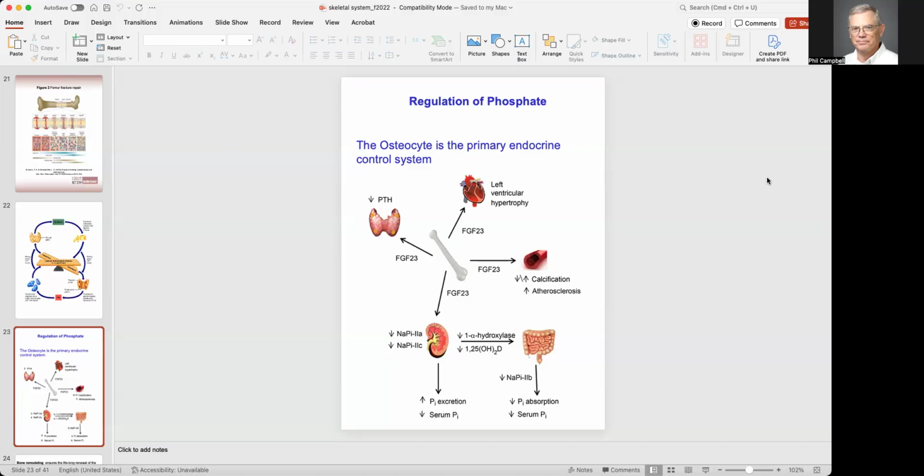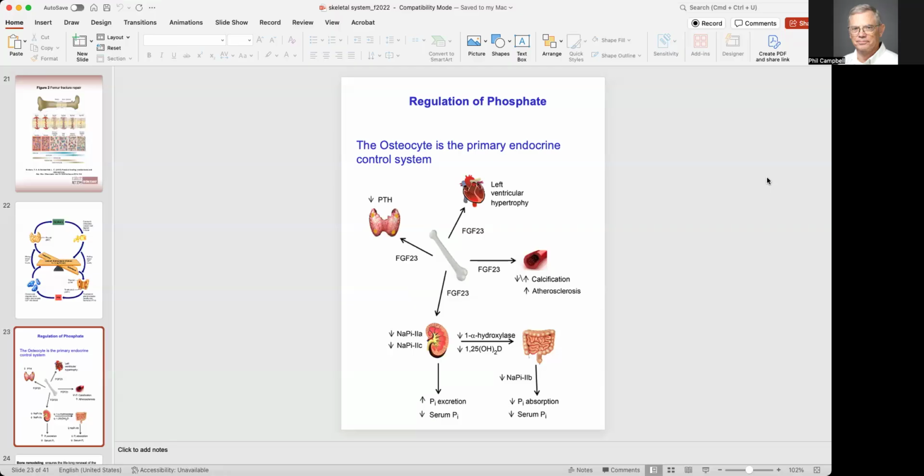Now, FGF23 also goes to the left ventricle of the heart where it will induce hypertrophy, or enlargement of the heart. It may also play a role in hardening of the artery. So you have artery disease. We'll talk about that when we get to the circulatory system. But what can happen is these injured vessels can actually have calcium deposits. And it seems that there could be some role with that, but that's still being worked out right now.